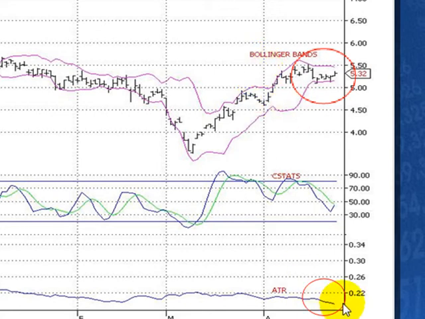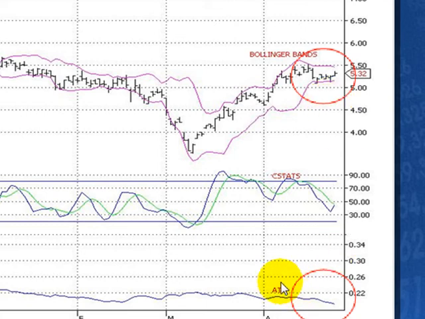So you get a figure of the average true range, and then what you do is you want to make sure that your entry price is no more than, I say, 2.5 times the average true range, because you want to make sure that your stock is going to be able to move and hit those break-even points.